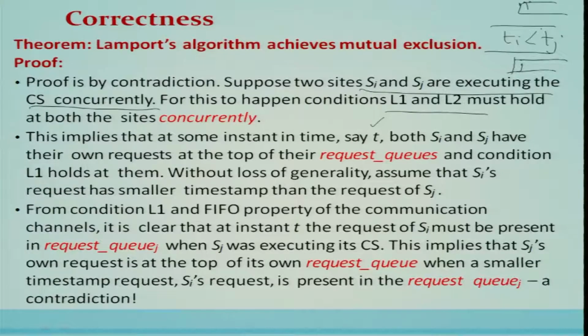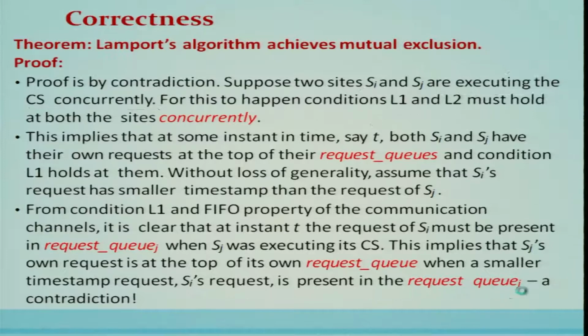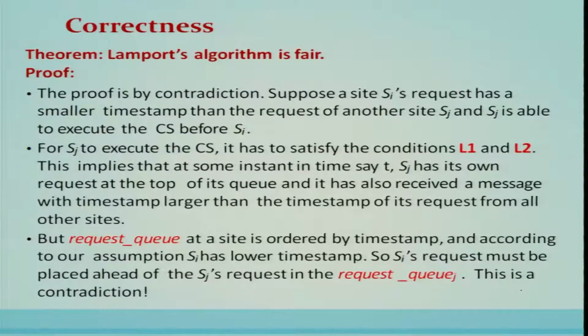So this implies that Sj's request is at the top of its own request queue when a smaller timestamp request, Si's request, is present in the request queue of j, and this is a contradiction. Hence it is proved that Lamport's algorithm achieves mutual exclusion.